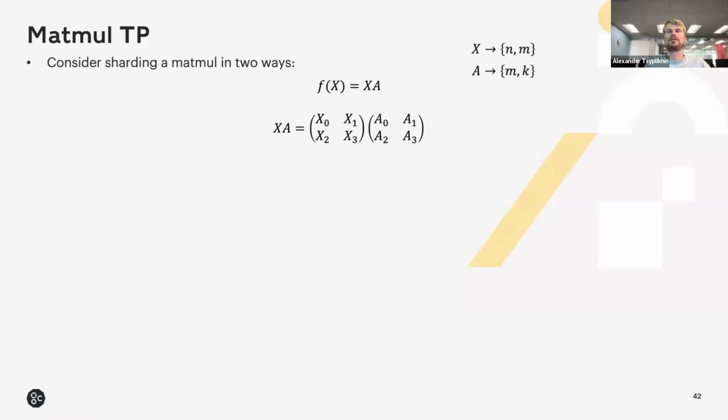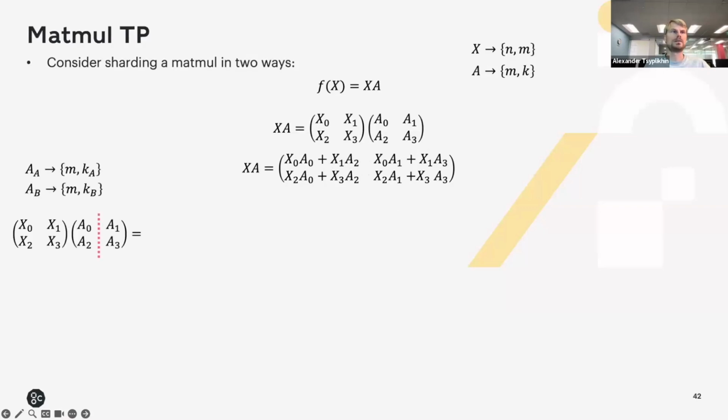So if we say that the dimensions of the two matrices are as shown here, M by K for X and K by N for A, then the final result using the portions of the matrices will look like this. Each matrix can be computed separately, in parallel with each other.